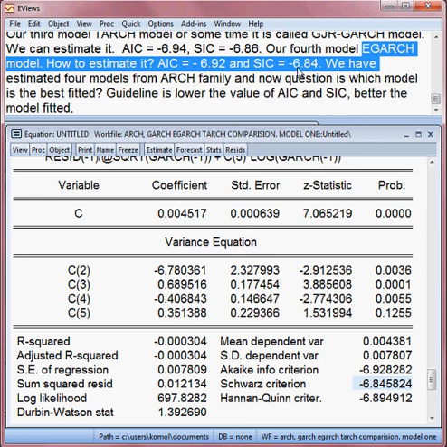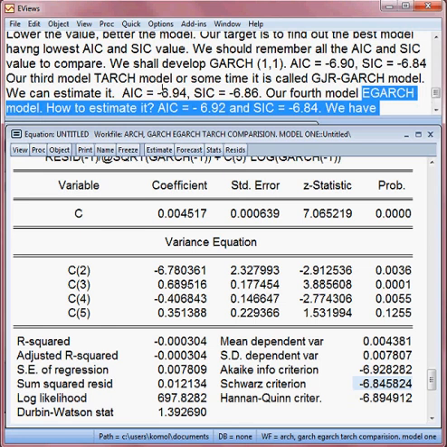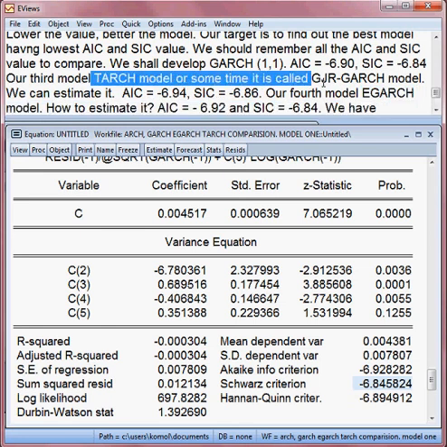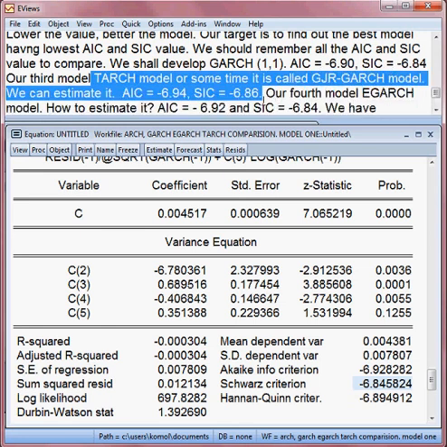Out of these 4 models, I think the TARCH model is the best, because it has the lowest value of AIC and SIC.